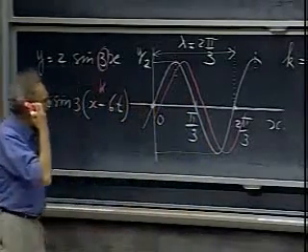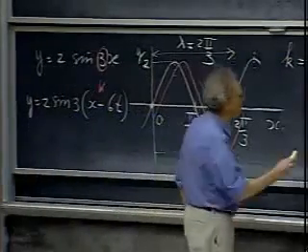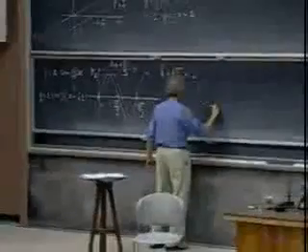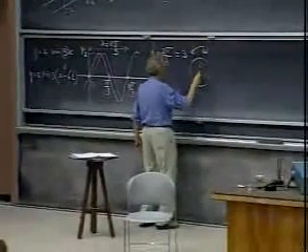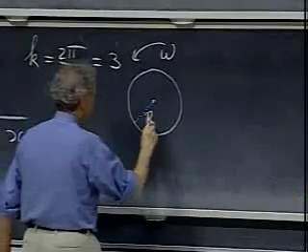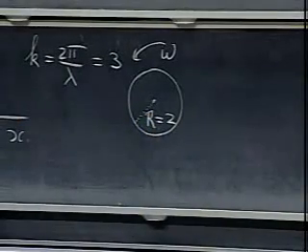Can we make such a traveling wave? Yeah, we can do that actually quite easily. Suppose I have here a rotating wheel, which rotates with angular frequency omega, and let this have a radius r, and I give it 2 units so that I get the same amplitude that I had here.